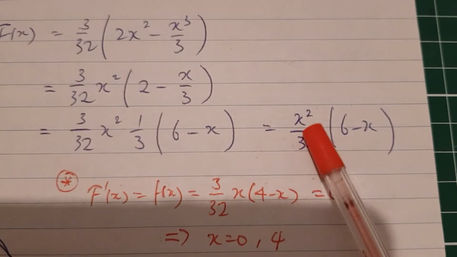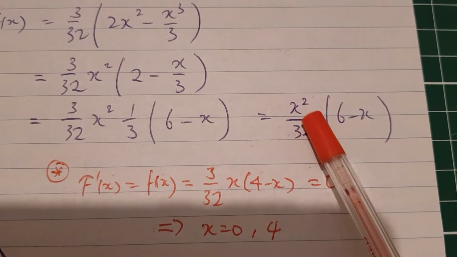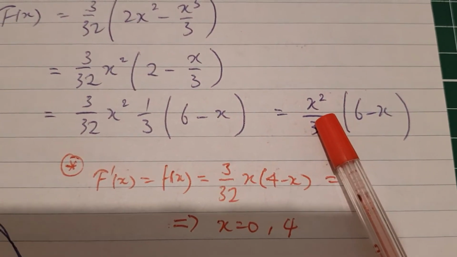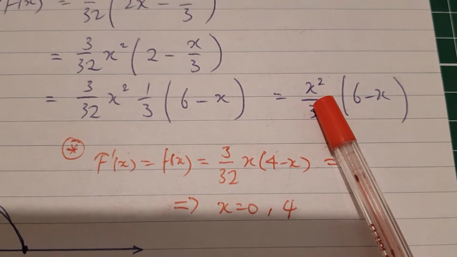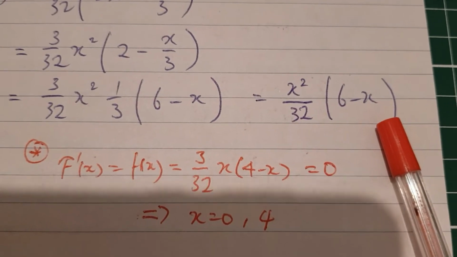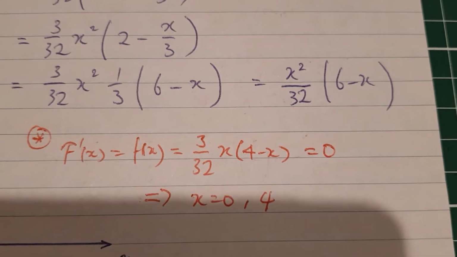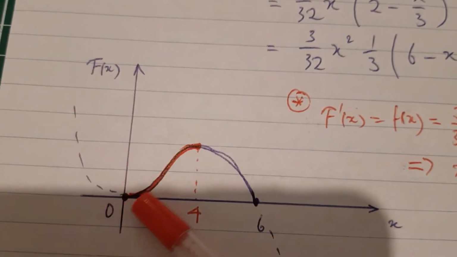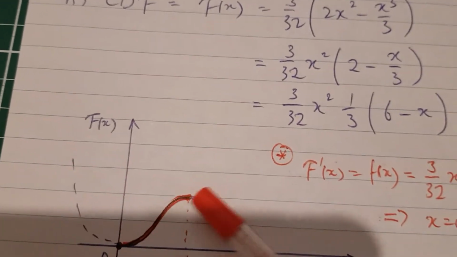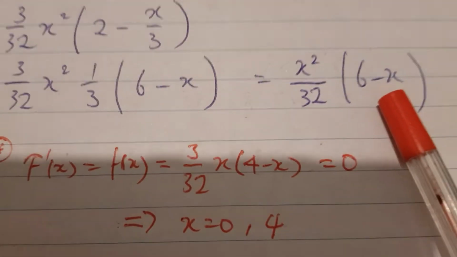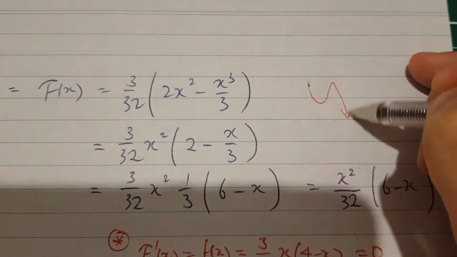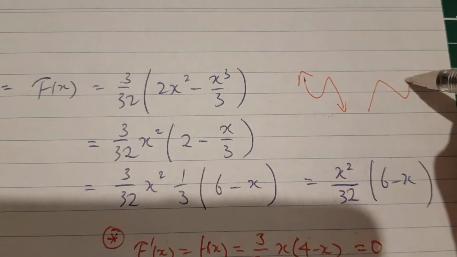So that means in the vicinity of x equals 0, this is a cubic, obviously, but in the vicinity of x equals 0 it behaves like a parabola, and in the vicinity of x equals 6 it behaves like a linear function. So then you get this. Now, why is it this shape? Because of that. For a cubic function, you either have this scenario or that scenario.